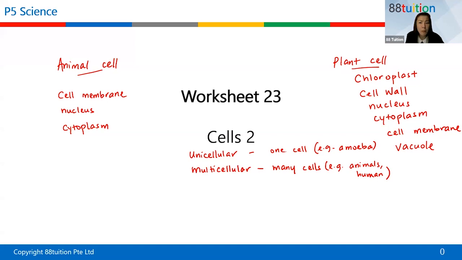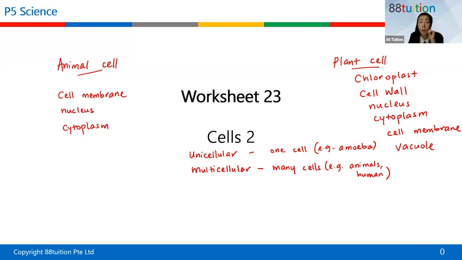It gives the plant cell a definite shape. If it's a rectangular shape, then that part of the plant will all have cells of rectangular shape. It's not just rectangular, it can be maybe hexagon shape.